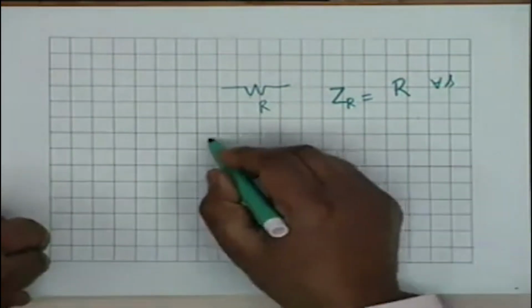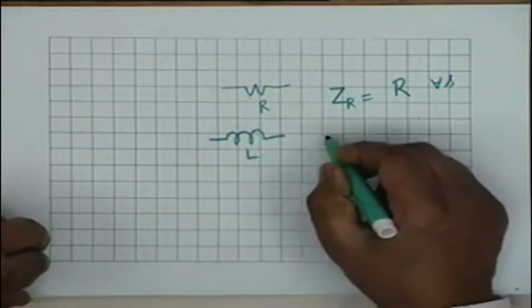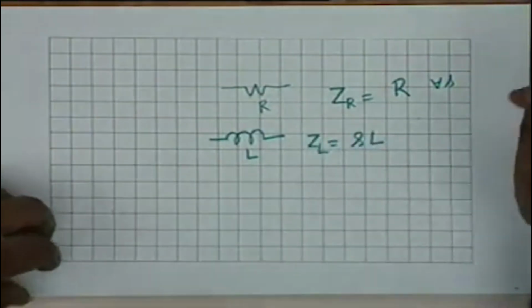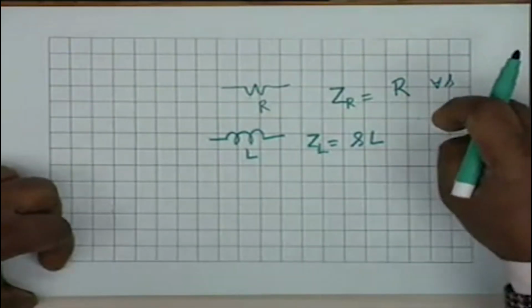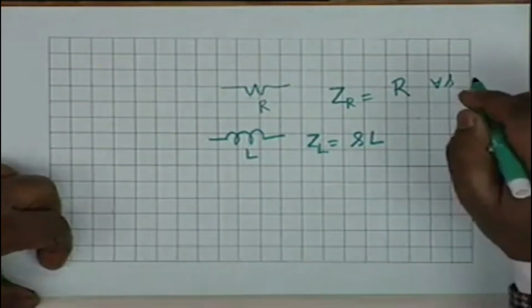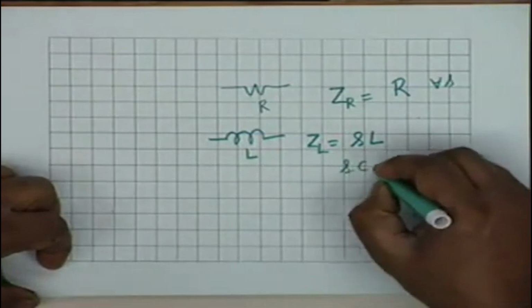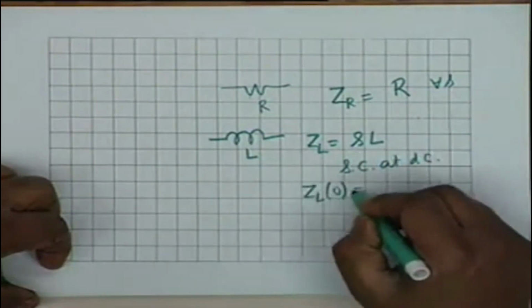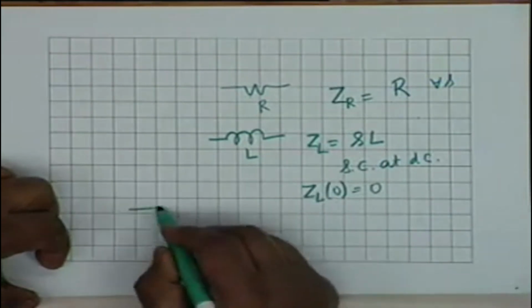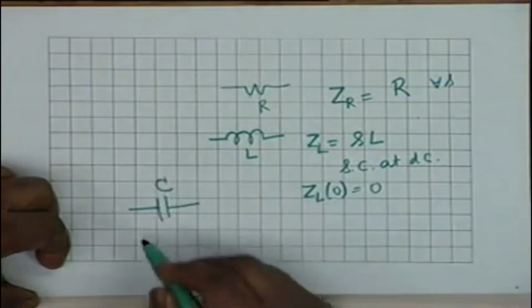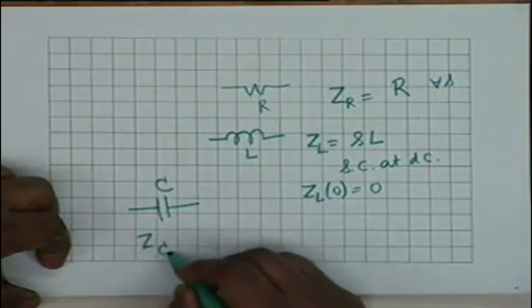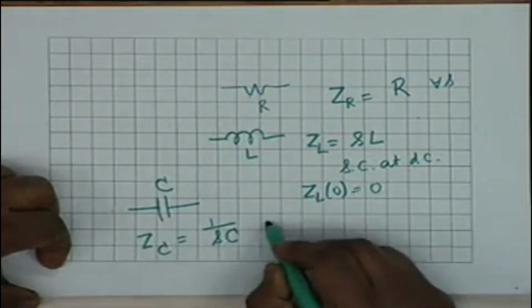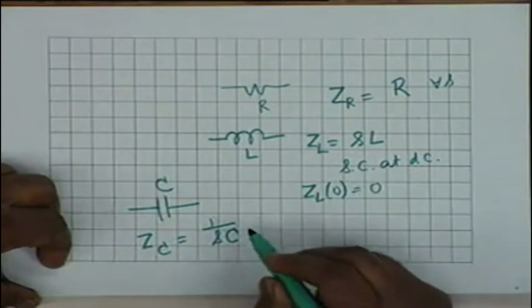On the other hand, if you have an inductance L, then you know its impedance is sL, and therefore at DC, when s is equal to 0, the impedance is a short circuit. Short circuit at DC, ZL(0) is equal to 0. On the other hand, if we have a capacitance C, the impedance of the capacitance is 1 over sC, and therefore at DC the impedance is infinity.